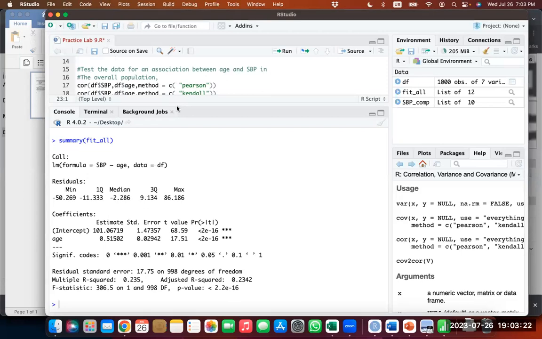Okay, coefficients. The coefficients are the same ones that we would be expecting, and we've seen that with the height and weight example. So we have estimates, we have the intercept. Okay, that's the 101. What does that mean? What's the interpretation of that?